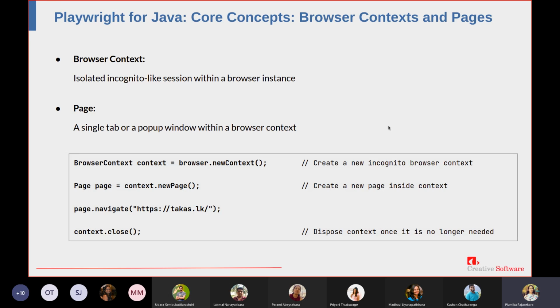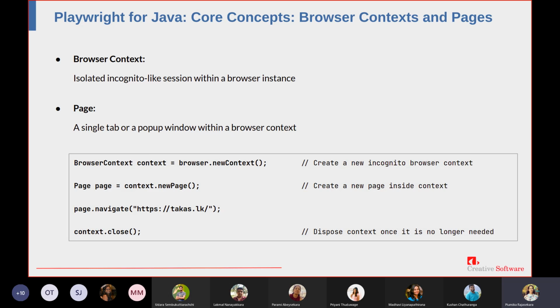We can have a new browser context like this. We just do a browser.newContext to create a new incognito browser context. And within the browser context, we can create pages. A page is a single tab or a window within the browser context.